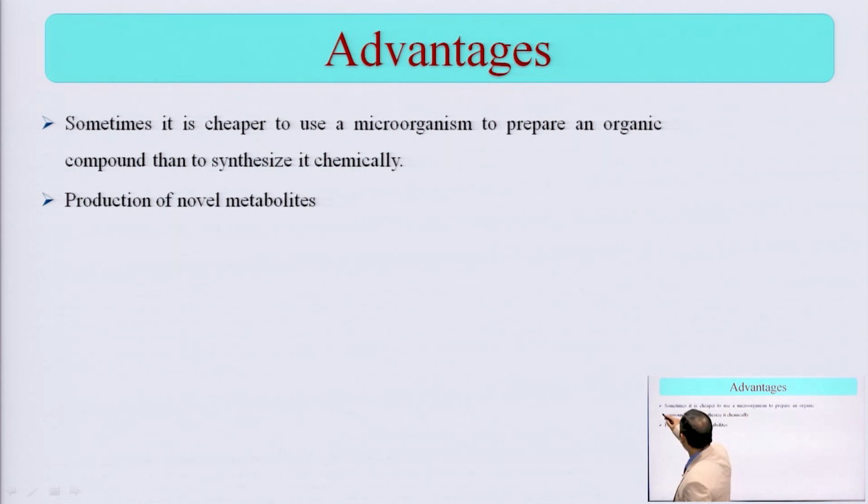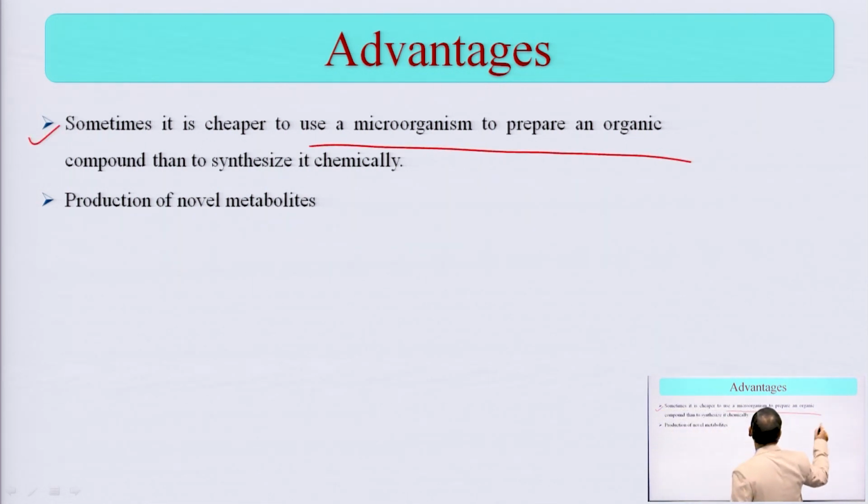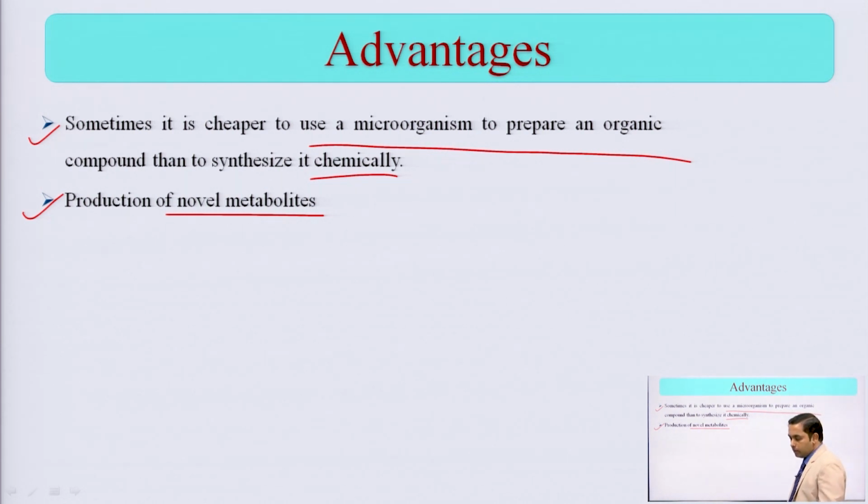If I tell you more, sometimes it is cheaper to use microorganisms to prepare an organic compound than to synthesize it chemically, and also for production of novel metabolites. So, can you imagine, for example, I hope many of you are doing B Pharm or pharmacy, you have learned about something called a chain reaction.